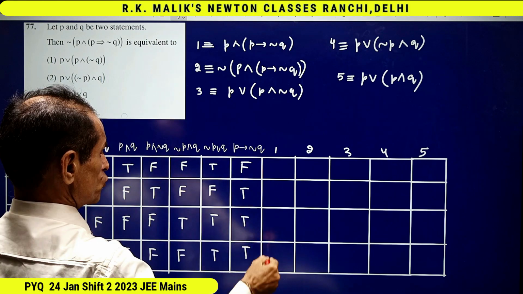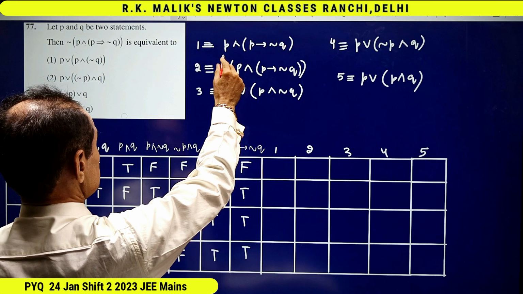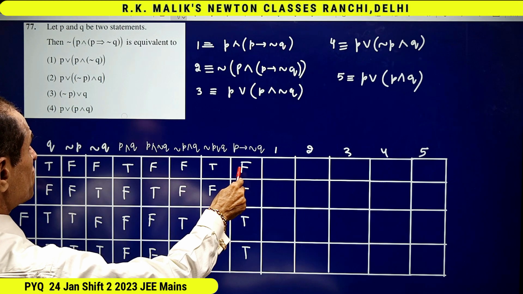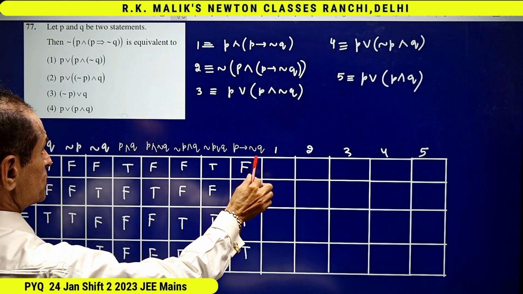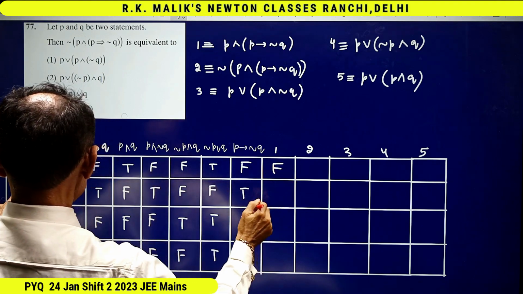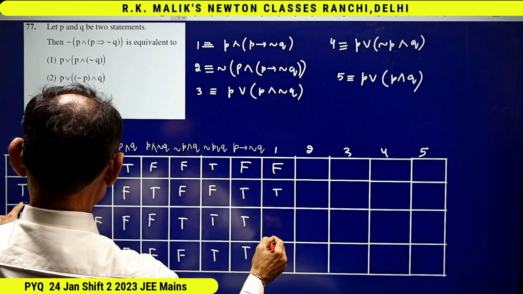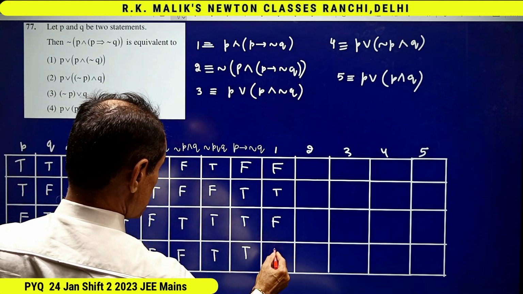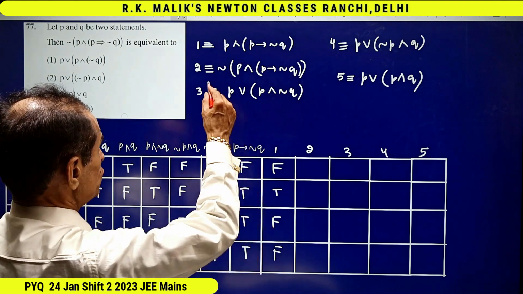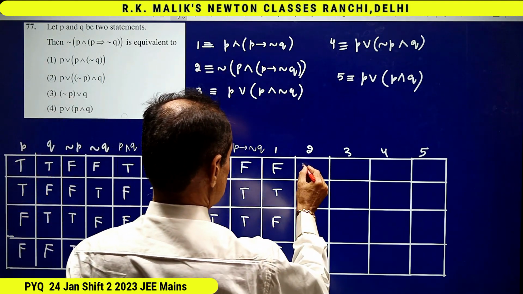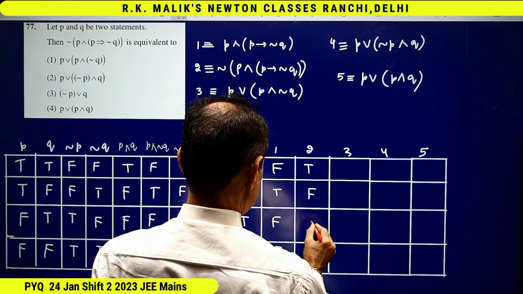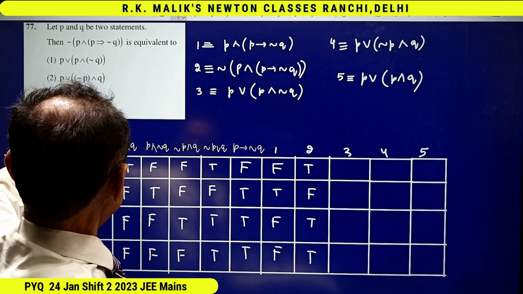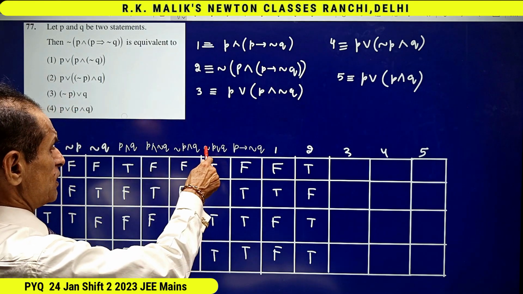And now truth table of 1 means this, and this is true only if both are true, otherwise it is false. And P implies negation Q, it is true false means false, both true means T here, FT means F here, FT means F here, and 2 is negation of 1, therefore T, F, T, T. And I have already made the truth table of negation P or Q, that is this.